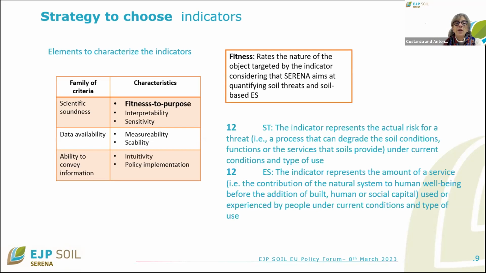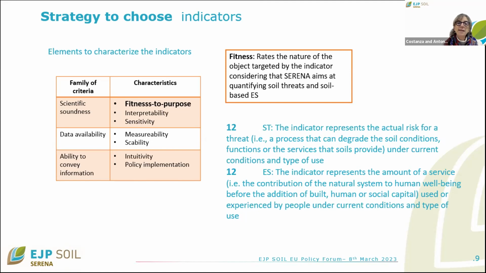So the first one is the fitness to purpose, which is the nature of the object targeted by the indicator, considering that SERENA aims at quantifying and mapping soil threats and soil-based ecosystem services. So we need indicators that can be quantified and mapped.